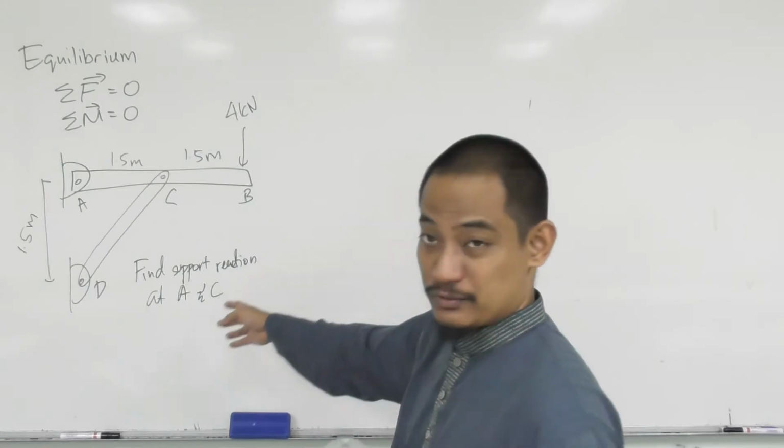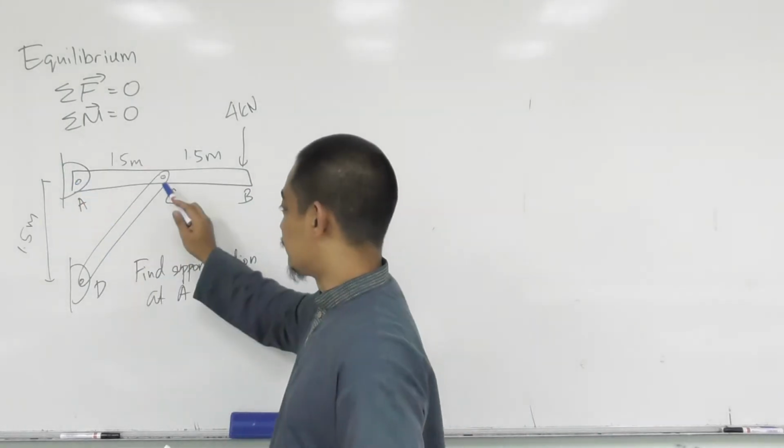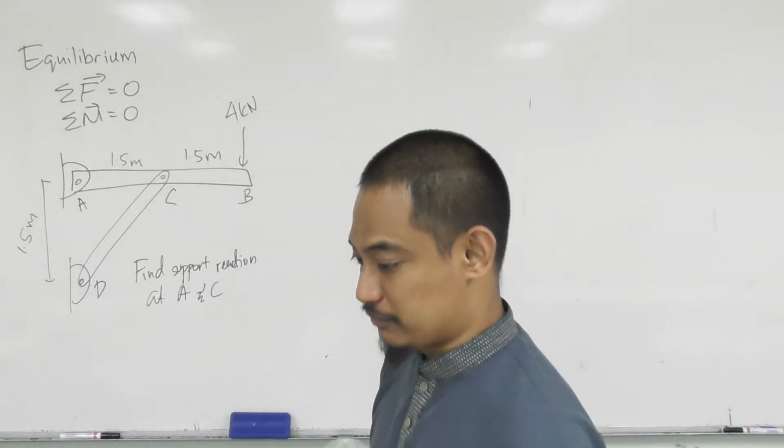In this case, it wants to know what the support reaction is here and also here. So you have to keep in mind that that is what I want to give.